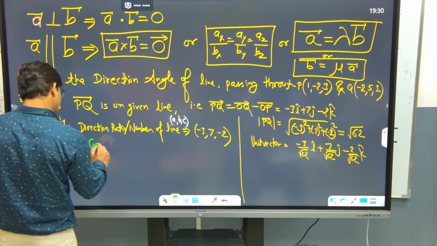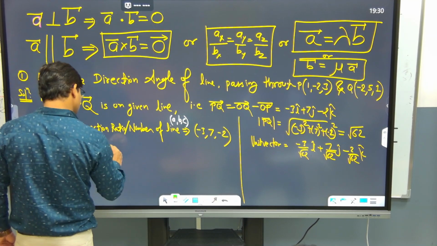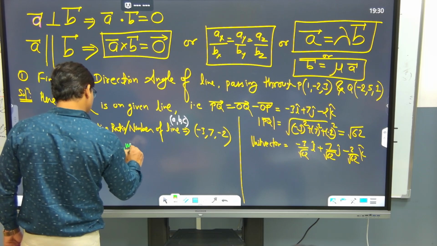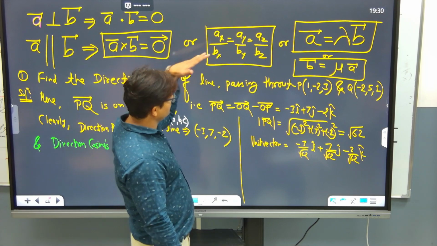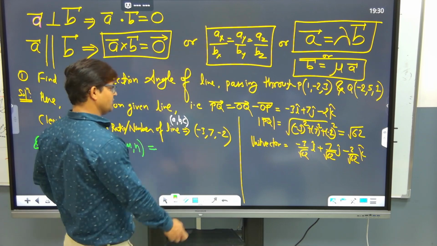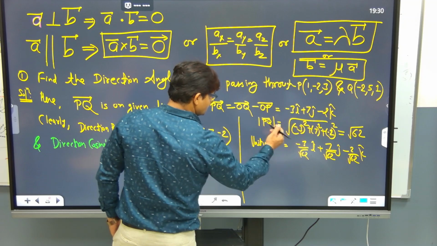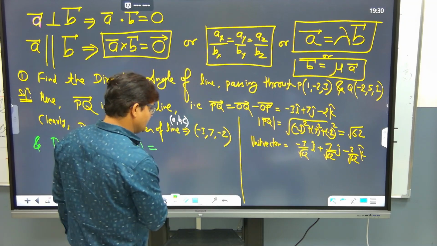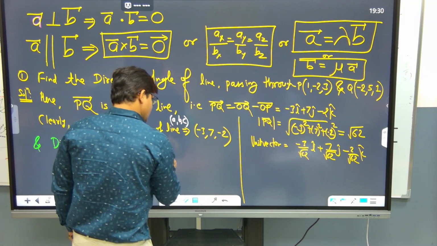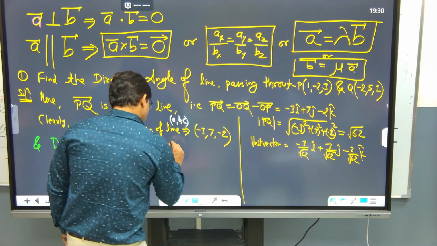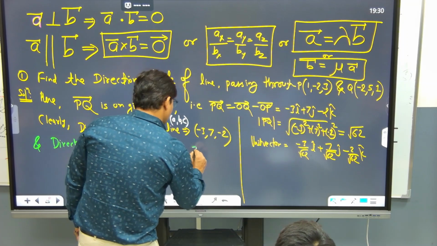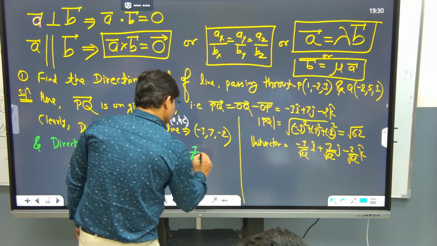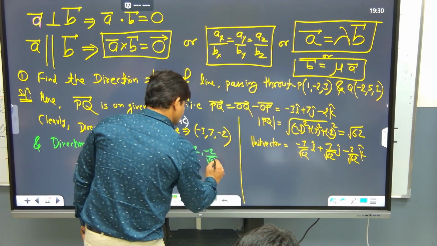Now direction cosines or DCs. This is our l, m, n. Again we have this type of value. Direction cosine may be on that side and that side. So we can take this unit vector value: minus 3 by root 62, 7 by root 62 and minus 2 by root 62.